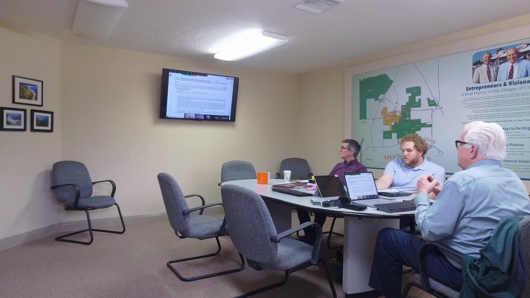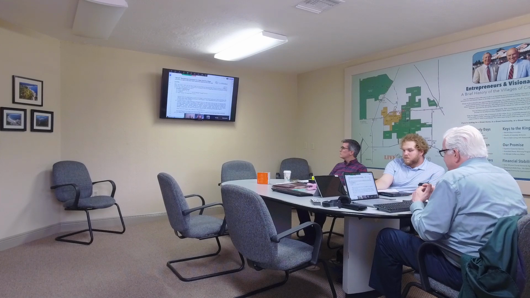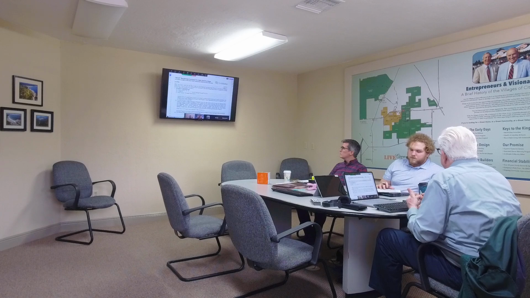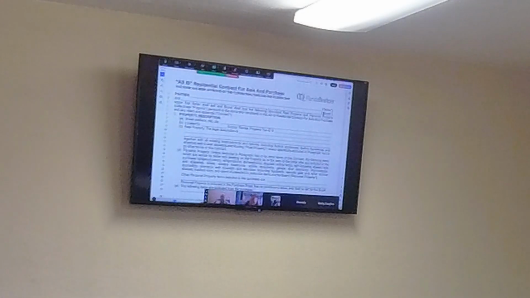So the sellers, there's two places to get the seller's information. One of them is on the listing itself. It shows the seller's name, but don't count on that. Click on the property appraiser's file or the tax collector's file or something and make sure you're getting the actual name of the person with any initials or however they have it stated there.